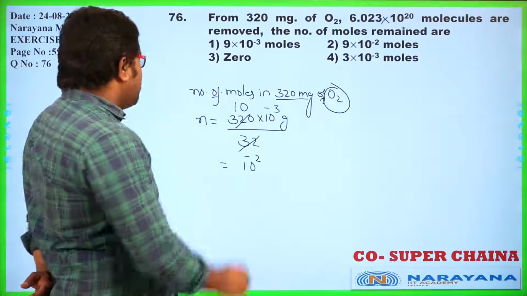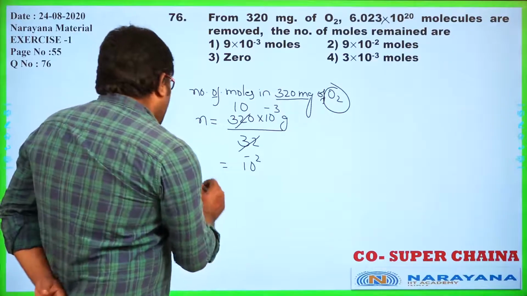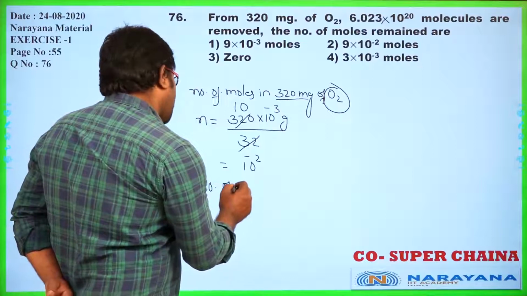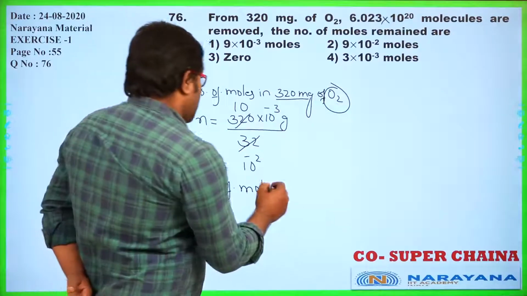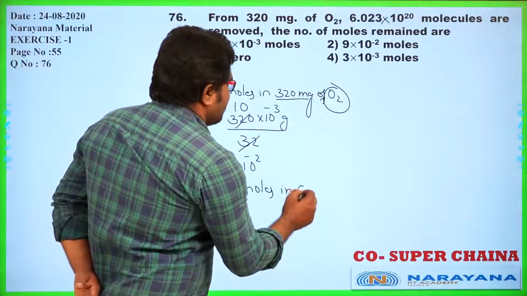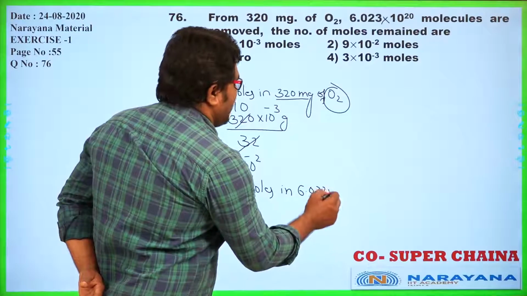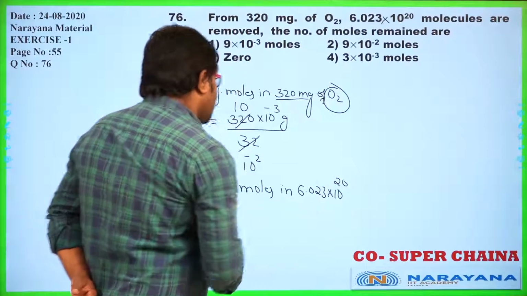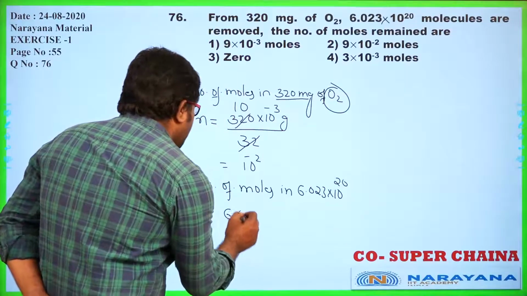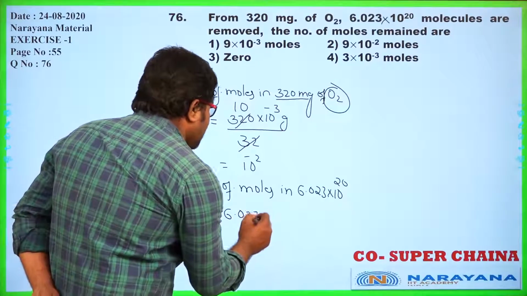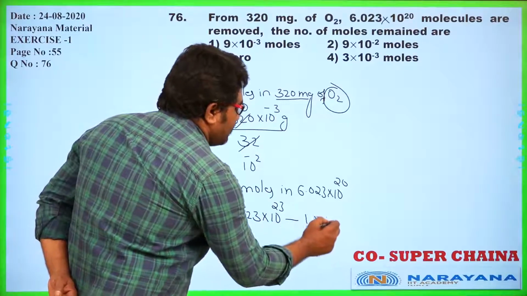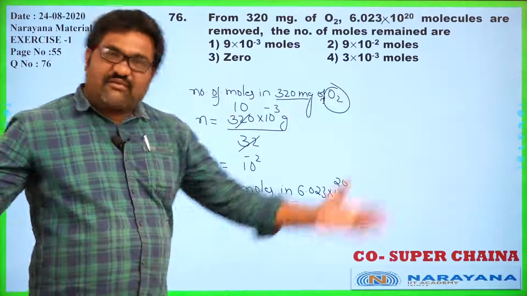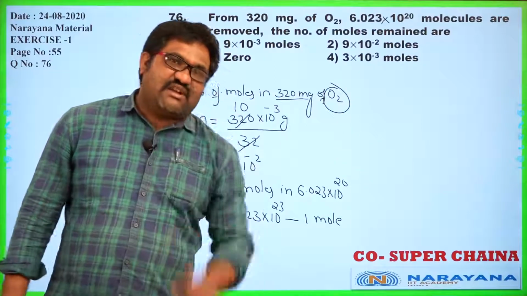And see here, the number of moles in 6.023 into 10 power 20 molecules. As we know, if the number of molecules is 6.023 into 10 power 23, then that should be equal to 1 mole. Remember that 1 mole of any substance contains Avogadro number of molecules.